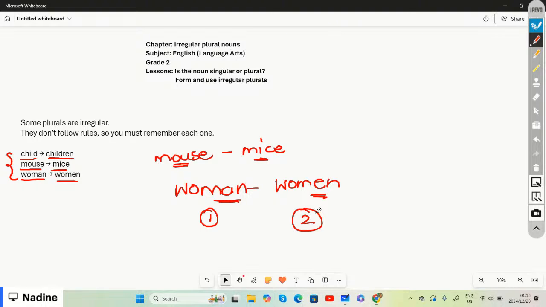Right? So now we're going to look at a few examples of irregular plurals, and then we're going to see how the wording changes, right?